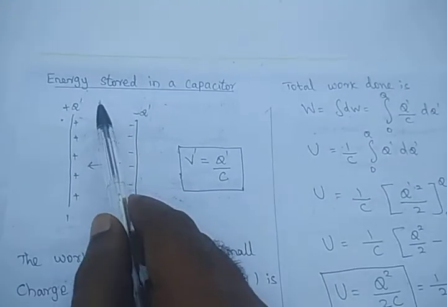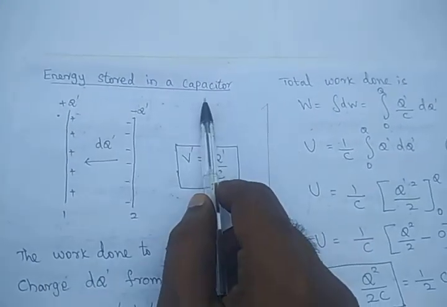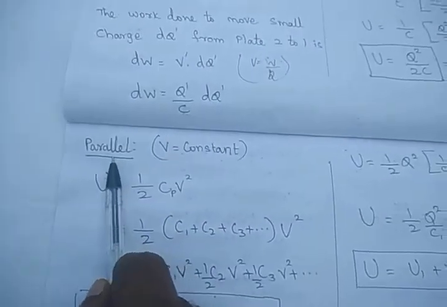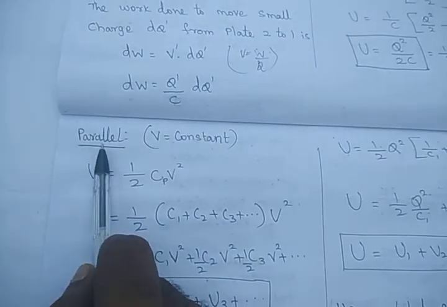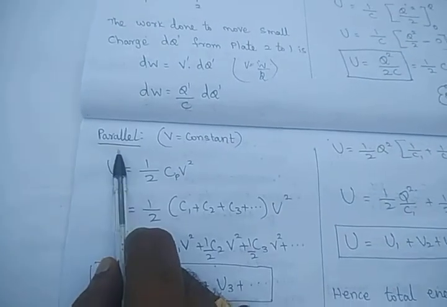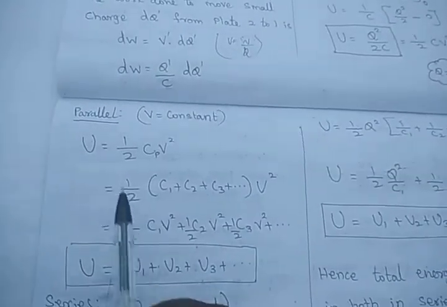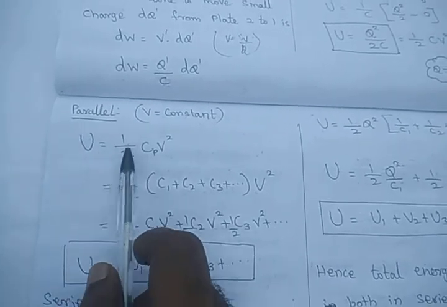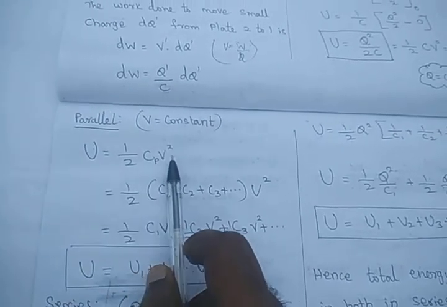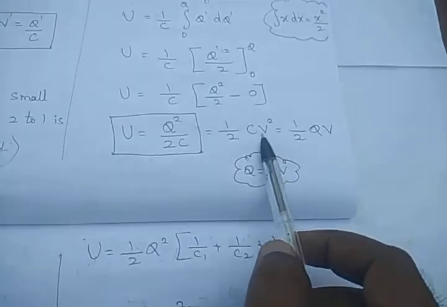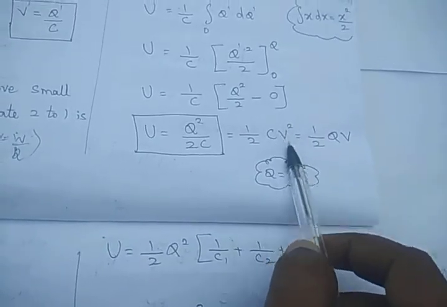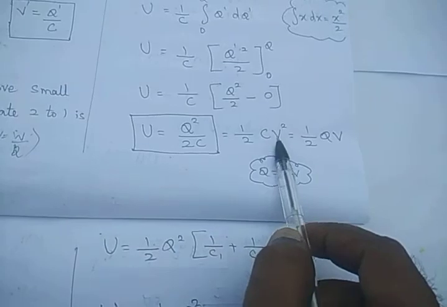Let us see, for that, what is the energy stored in capacitors connected in parallel? We should keep in mind that whenever the capacitors are connected in parallel, the potential difference, the voltage, is constant. So what is the energy? U is equal to 1 by 2 Cp V squared, because the potential is constant. V is a constant and P means it is a parallel combination.